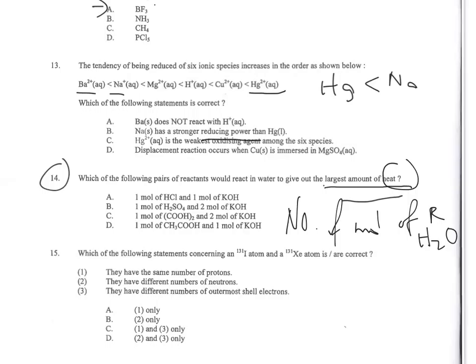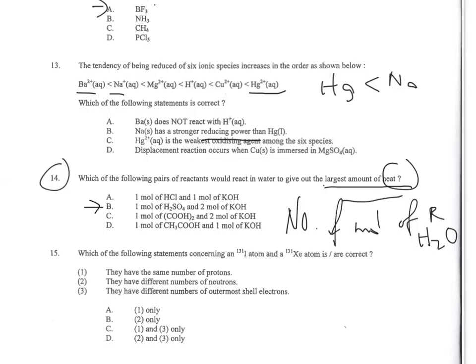But in B, 1 mole of H2SO4 provides 2 moles of H+, and with 2 moles of KOH would produce 2 moles of H2O instead. So the answer is B.